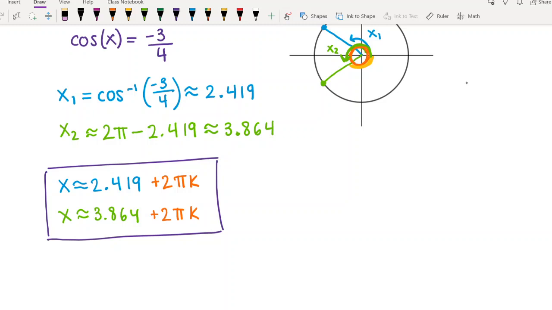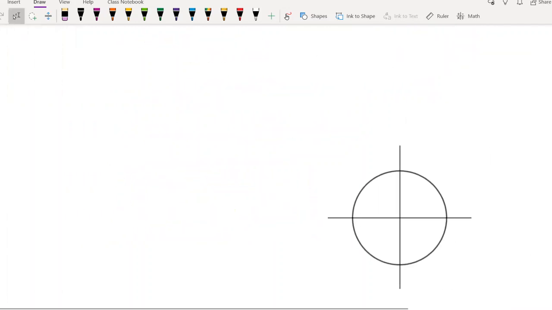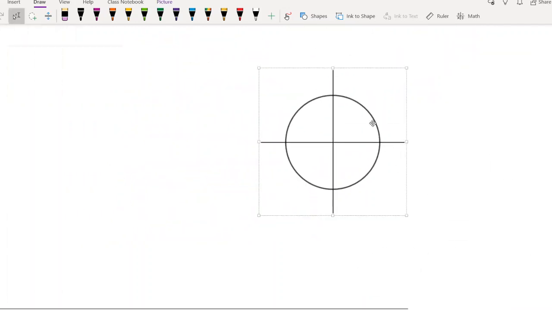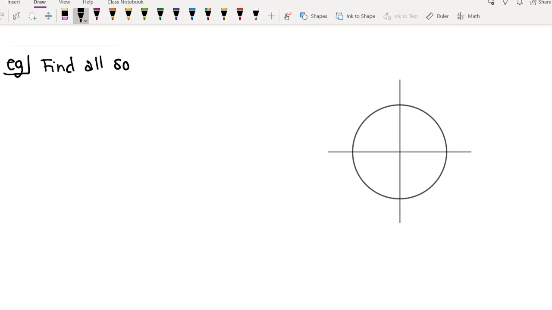I want to now look at some examples of using inverse tangent. Okay, so the first example I want to do is we're going to find all solutions to 4 times tangent of x minus 10 is equal to 0.